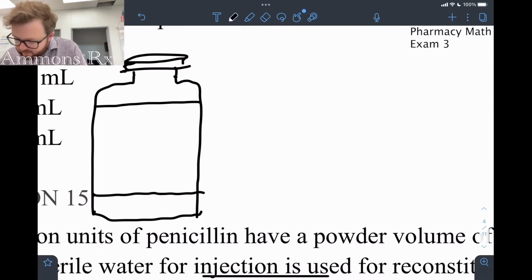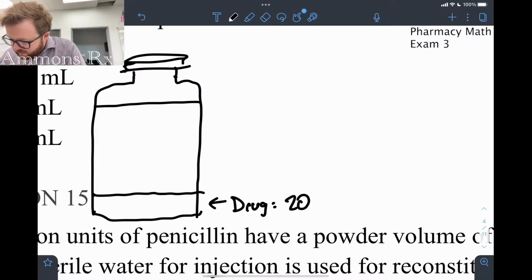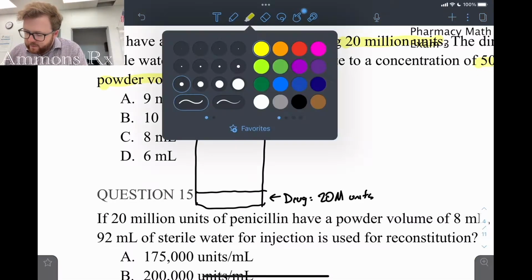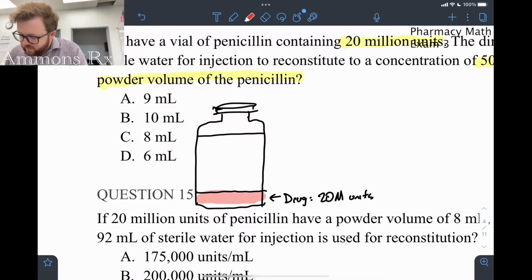It contains, and this is drug, 20 million units. Okay. So this layer, which I'm going to do in red, that layer is my penicillin.